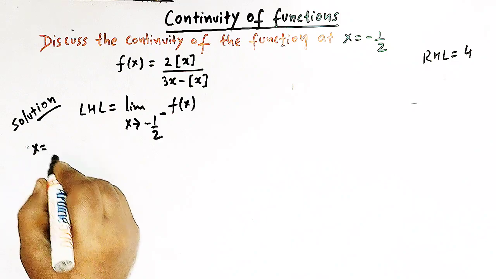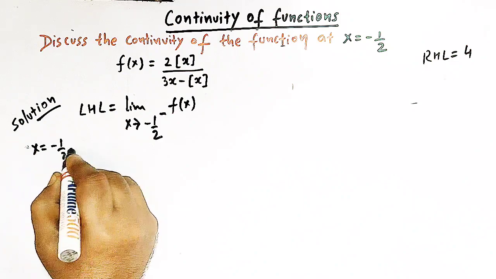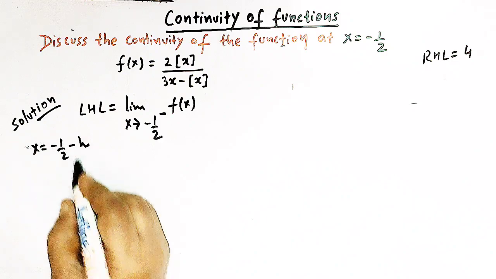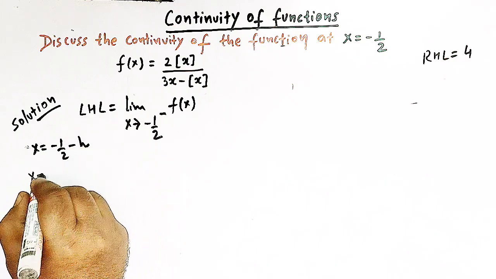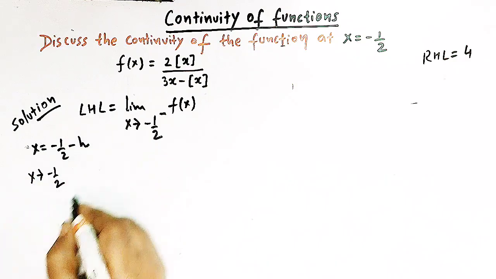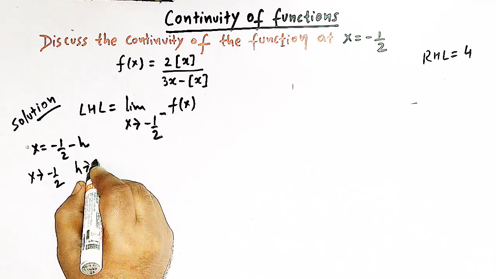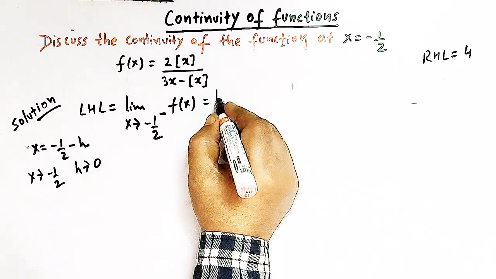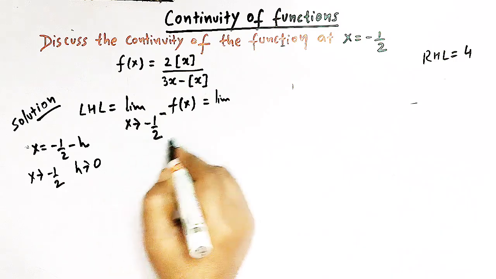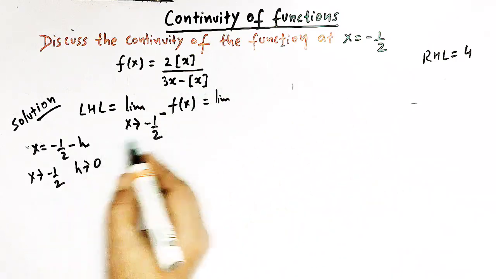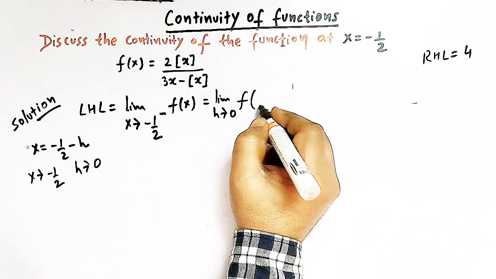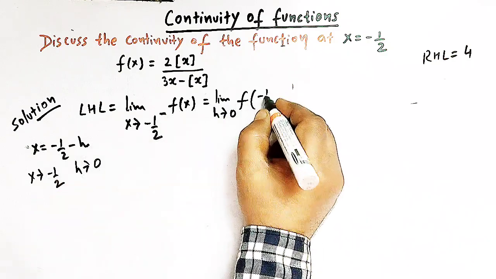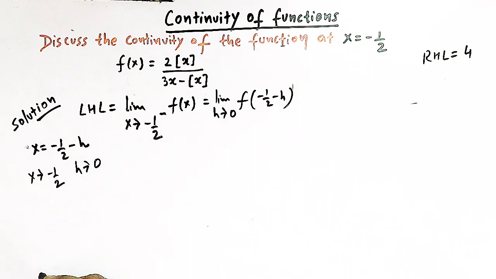So let us substitute x = -1/2 - h to get the value of the left hand limit, and when x tends to -1/2, then h tends to 0. So we can express this limit in terms of h, where h tends to 0, and x is -1/2 - h, right?